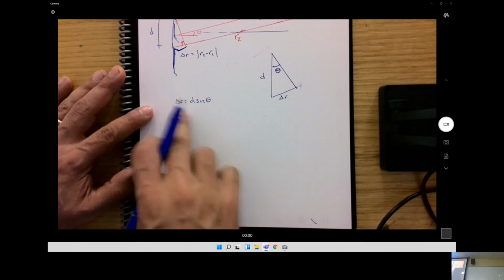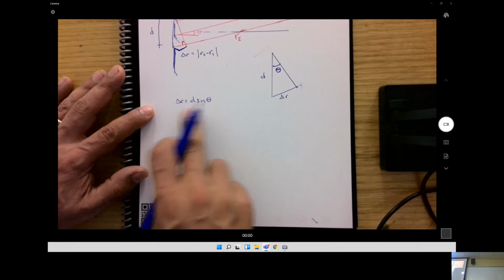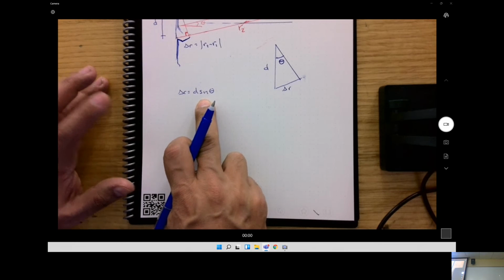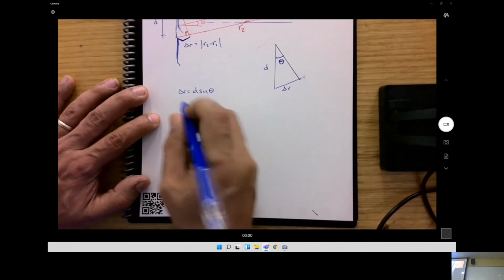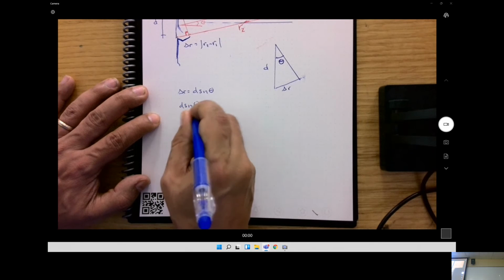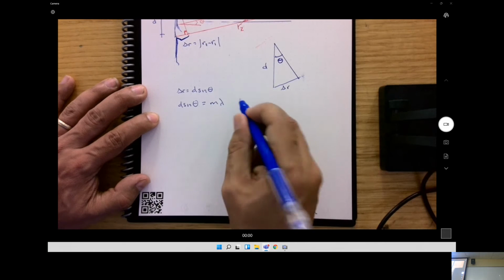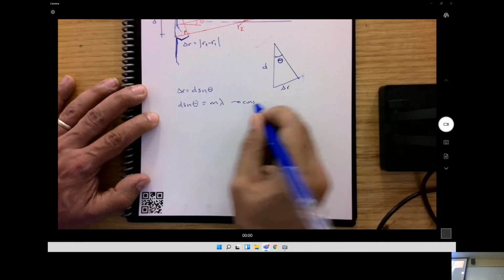And so now from here, I know that this is my distance delta R, and this is what I need to compare to my conditions for constructive interference. So I can say that d sine of theta, if it's a multiple of lambda, then I'm going to have constructive interference.